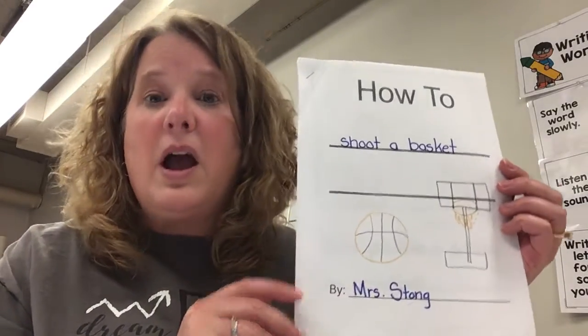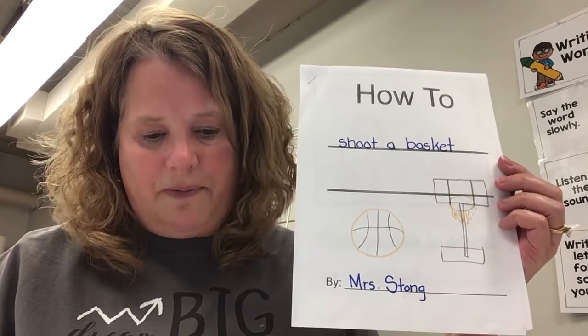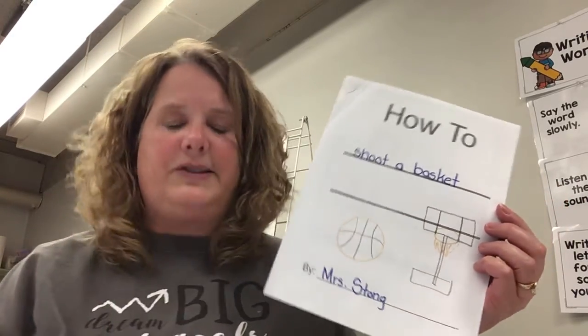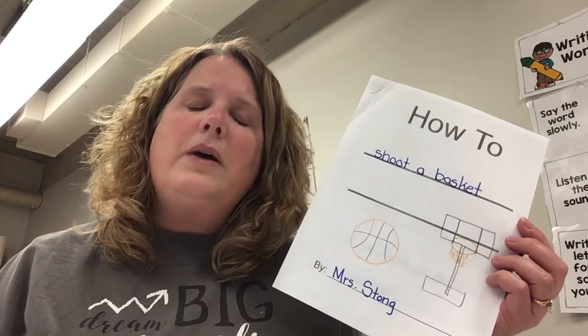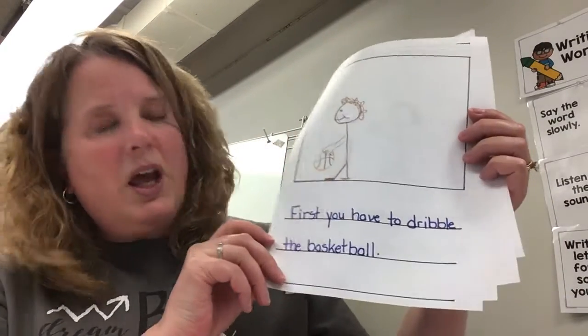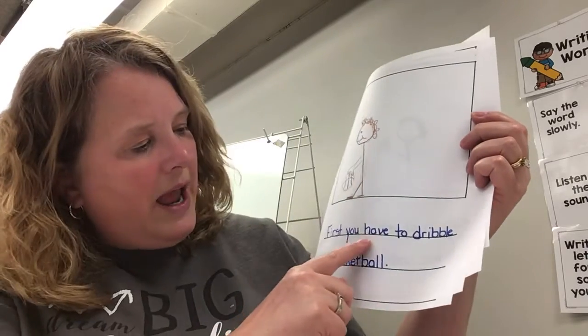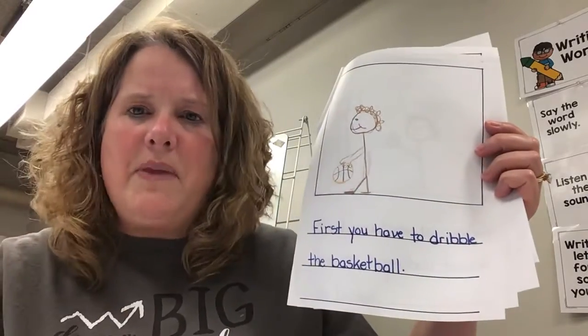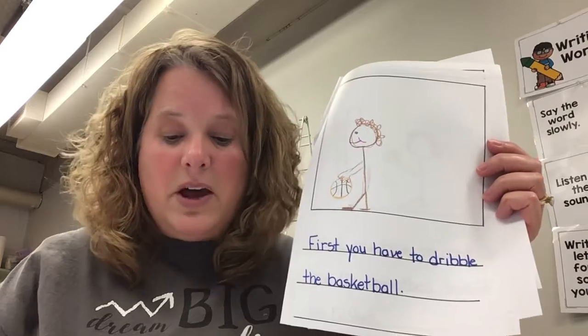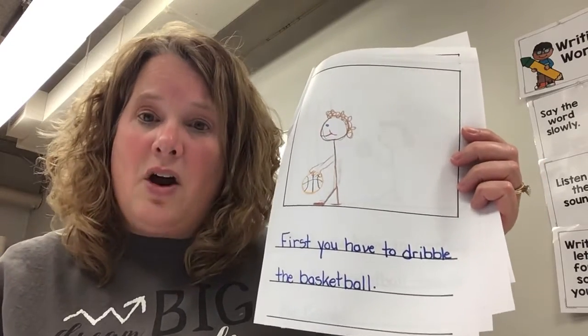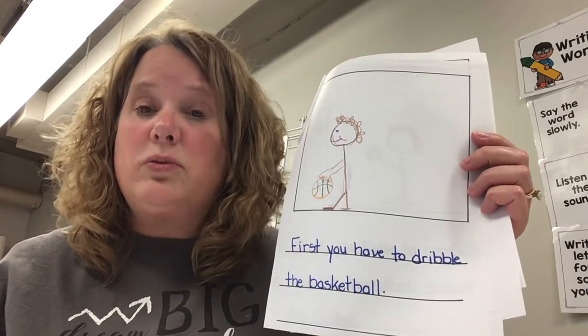So, writers, I started my book, How to Shoot a Basket. When I wrote this page, first you have to dribble the basketball. I thought to myself, somebody might not know what dribbling is.